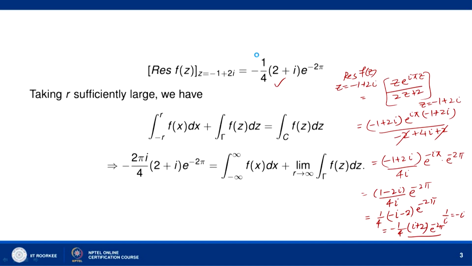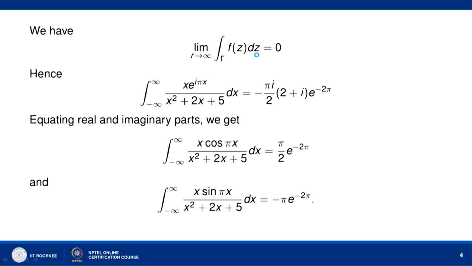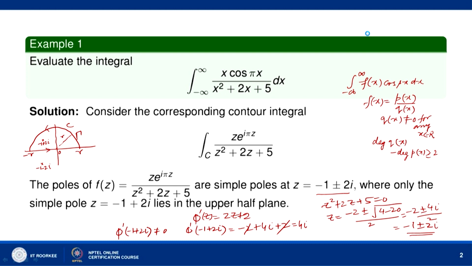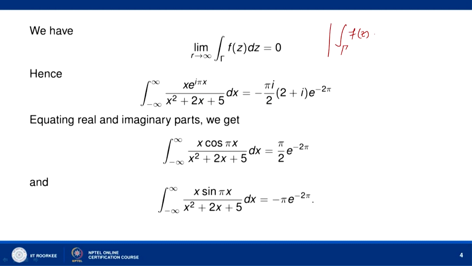So, we have f(z) equal to z e to the power i z. So, let us consider integral over gamma f(z) dz, where f(z) we have taken as z e to the power i pi z over z square plus 2z plus 5. So, we put that. So, modulus of integral over gamma z e to the power i pi z dz divided by z square plus 2z plus 5.